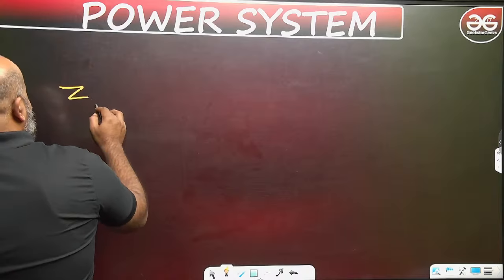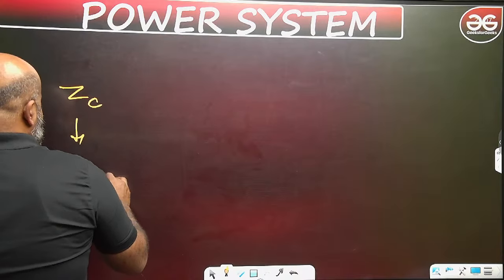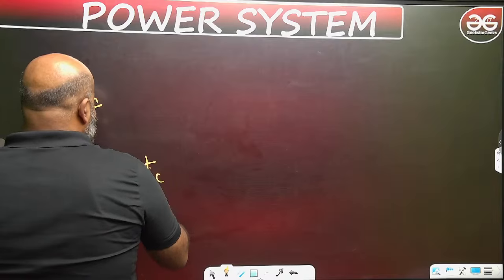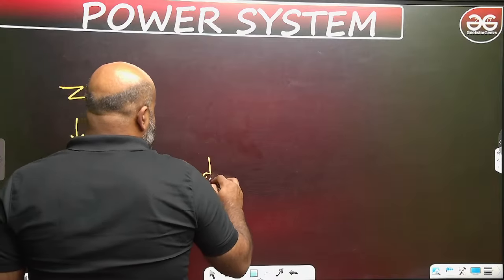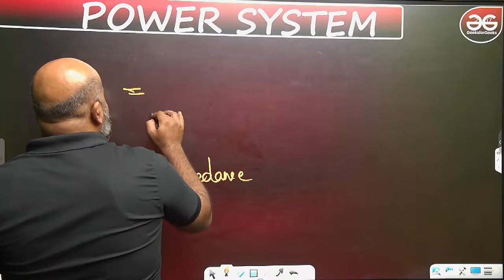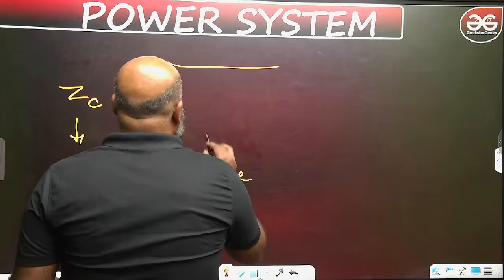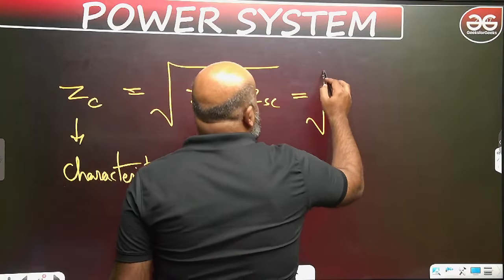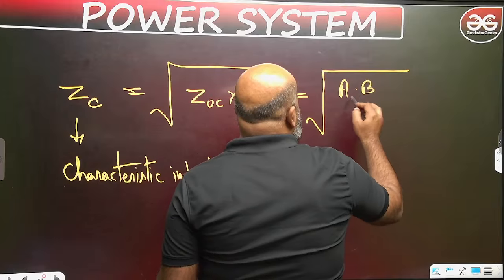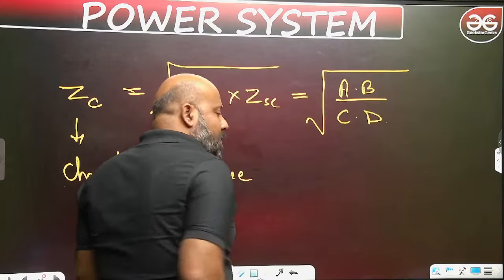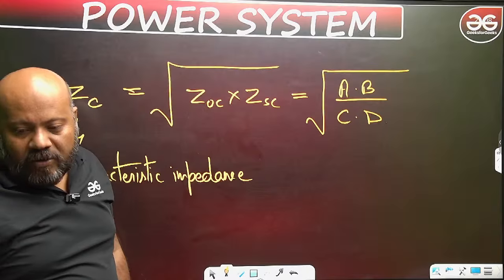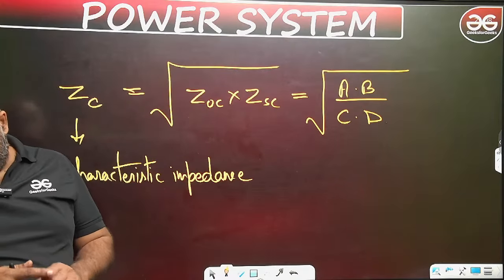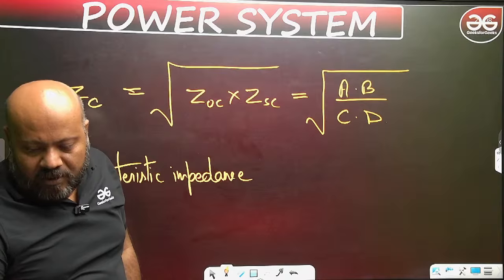Now the characteristic impedance, we'll discuss it later on. You can define characteristic impedance as the square root of ZOC into ZSC, which is actually coming as the square root of AB upon CD. So if you know the ABCD parameters of a line, you can also calculate its characteristic impedance. What is characteristic impedance? We'll discuss.